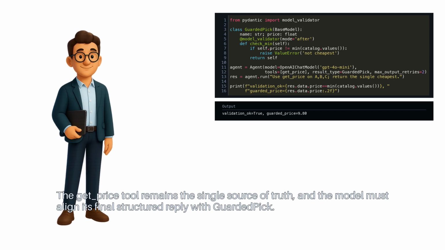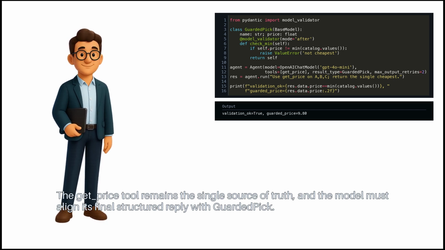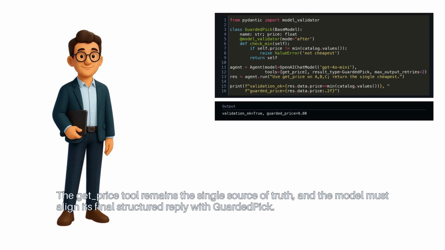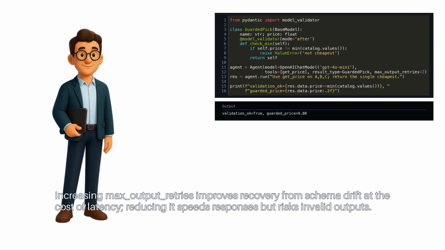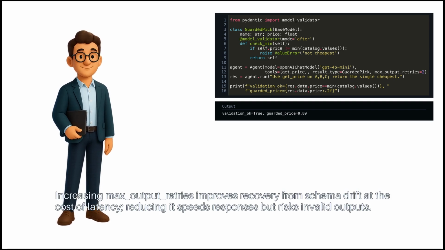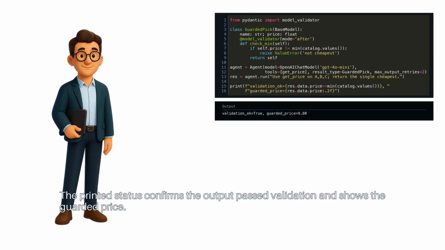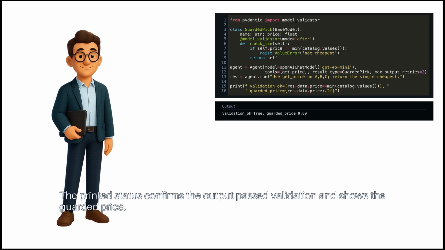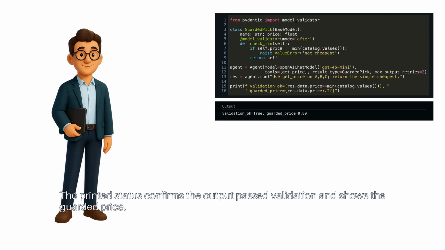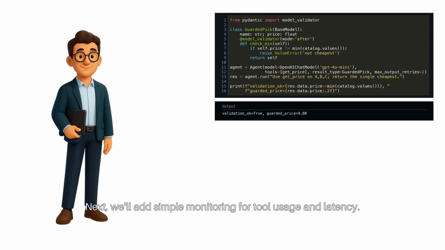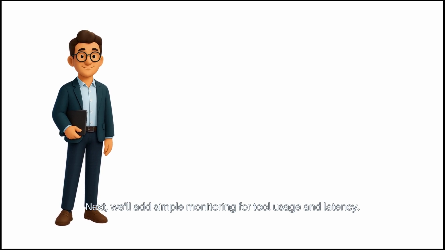The getPrice tool remains the single source of truth, and the model must align its final structured reply with GuardedPick. Increasing max output retries improves recovery from schema drift at the cost of latency. Reducing it speeds responses, but risks invalid outputs. The printed status confirms the output passed validation and shows the guarded price. Next, we'll add simple monitoring for tool usage and latency.